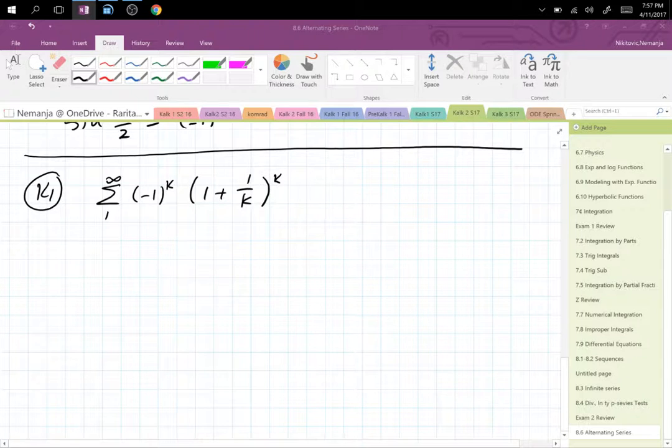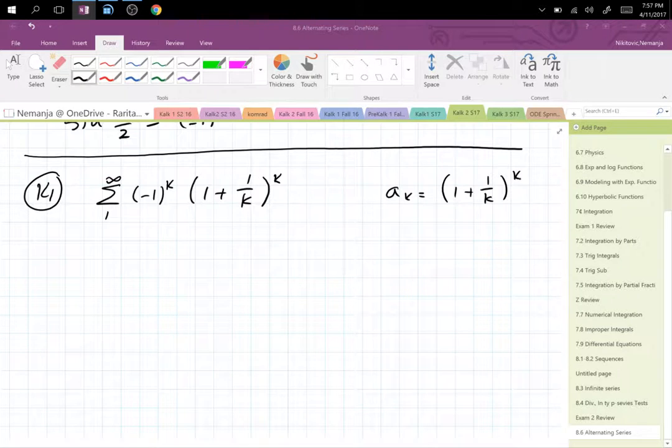Okay, there we go. All right, so this is the first example we're going to take a look at. You have the tree over there on the board. So you're starting with realizing that a_k is equal to (1 plus 1 over k) to the k. You are going to go down the branch, see what happens when you take the limit and is it decreasing and all that stuff.